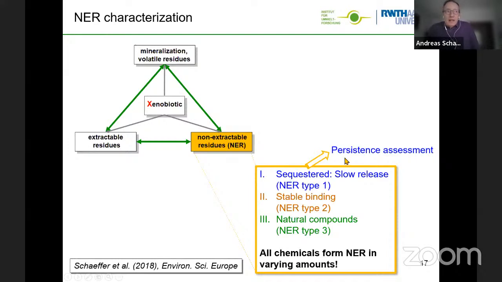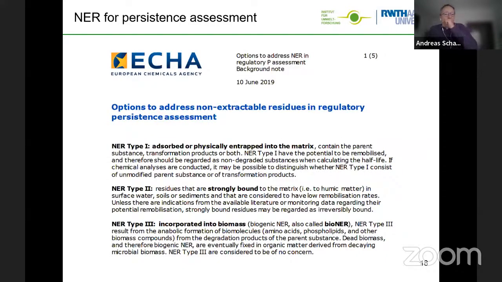If you can demonstrate that in these residues, the parent compound or important metabolites are formed, then they have to be added to, considered in, the persistence assessment. And you see here that according to the European Chemicals Agency, these NER type 1 have to be considered for the persistence.